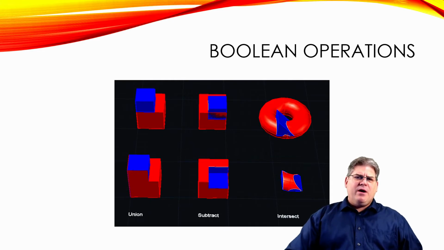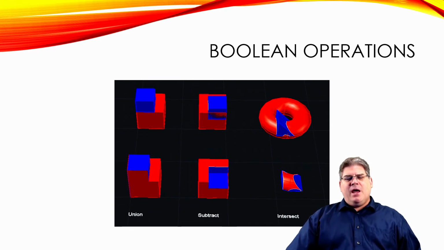So once we create our basic shapes, there are things that we can do to modify them to create more complicated shapes. And we call these Boolean operations. And Boolean is something that's going to come up over and over again in, not just this course, but the program that you're in. There are 3 basic Boolean operations.